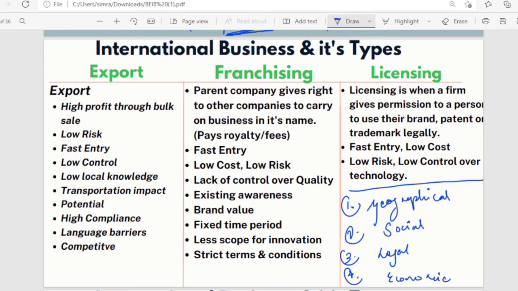Now, modes of entry means what? Suppose you have decided that you will start a business of smartphones or say laptops or any gadgets. Okay, so before starting that business, you will explore the place where you want to do that business, or you will explore the market where you need to set up the shop and everything, right?